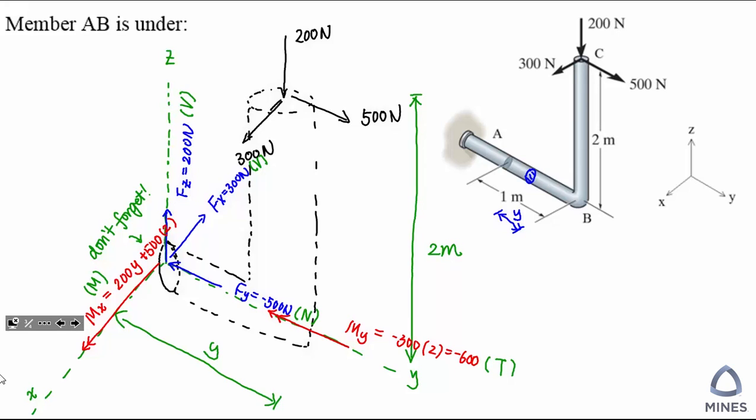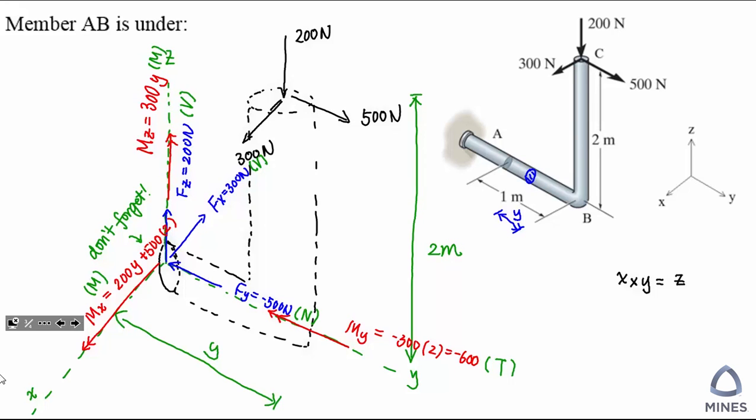Or what we can tell is 300 is in the x direction and across the y dimension, which means we are going to have z direction for our moment. We can see the internal moment in the z direction will go this way. Now how we are going to calculate is 300 times the y dimension. And again, is this moment the torque or the bending moment? Yes, it's parallel, so which means it's a bending moment.